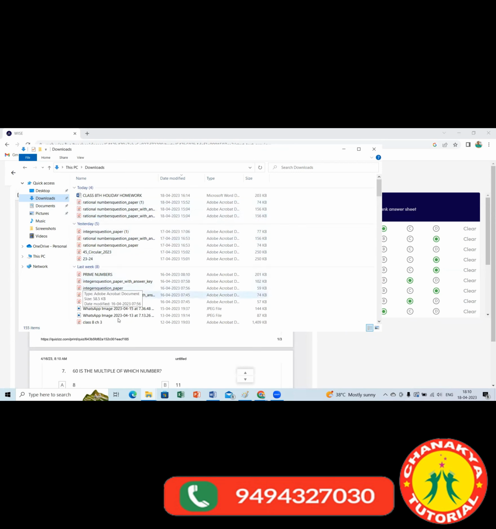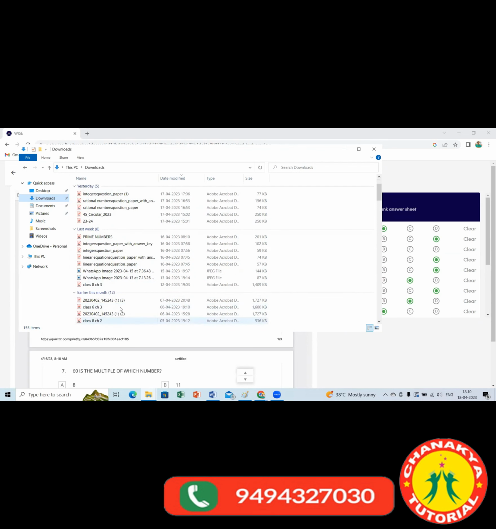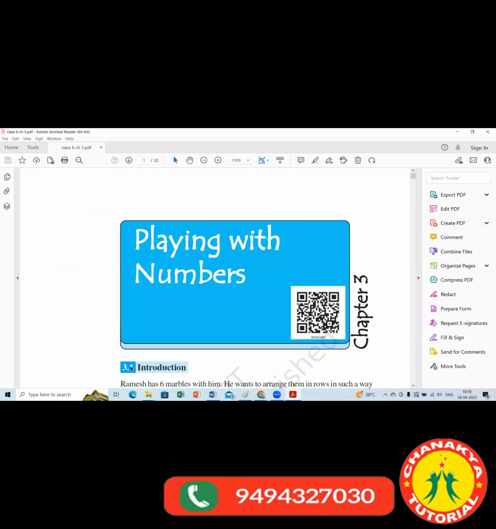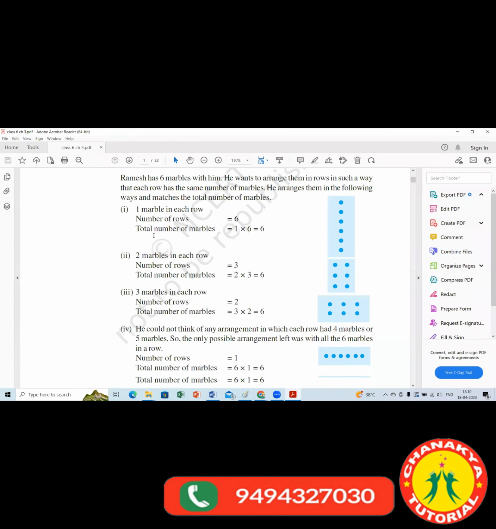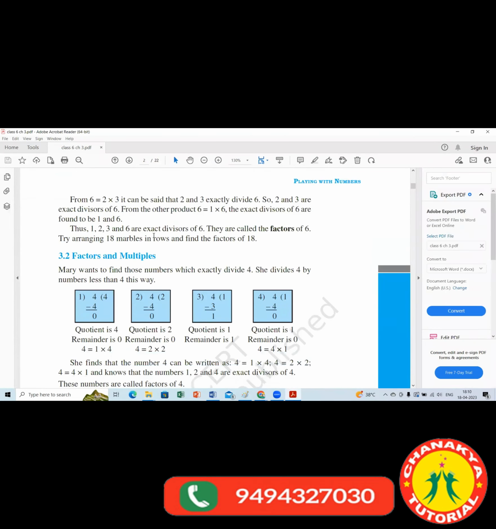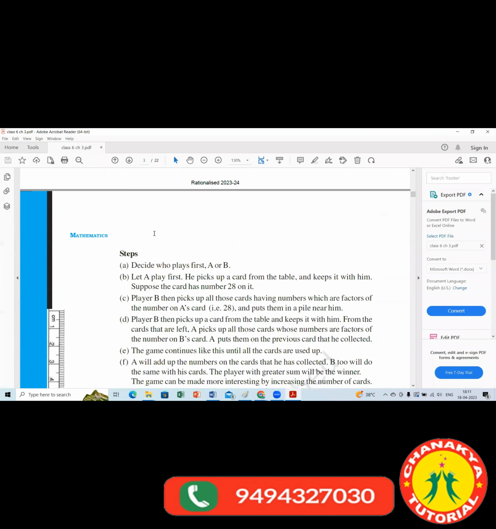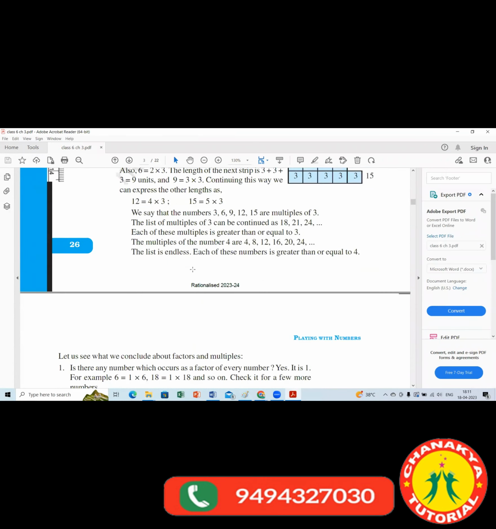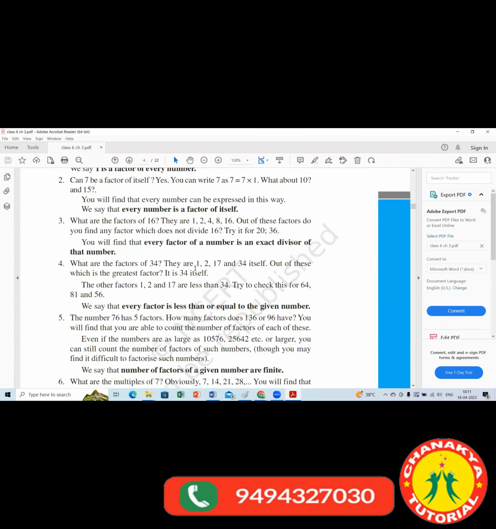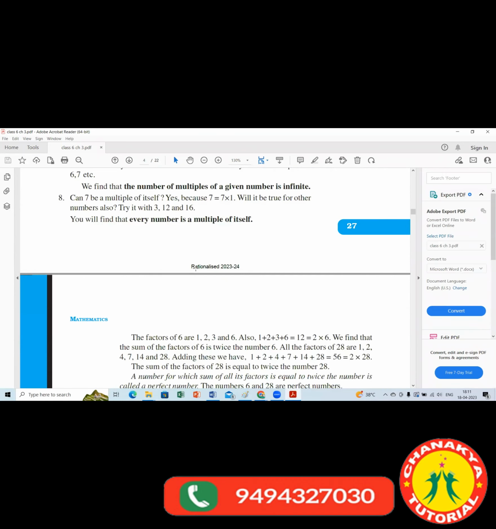Which chapter is ours? Class 6. I think we have covered all our prime numbers. You are very comfortable with that. What is the prime number between 90 to 100?